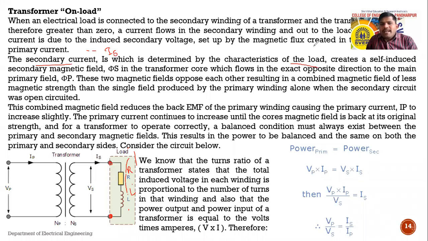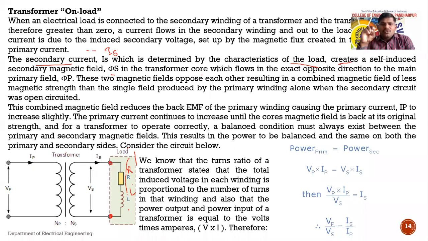The load characteristics will create a self-induced secondary magnetic field phi s in the transformer core, which flows in the exact opposite direction to that of the main primary field. I will explain this using a diagram in the next slide.